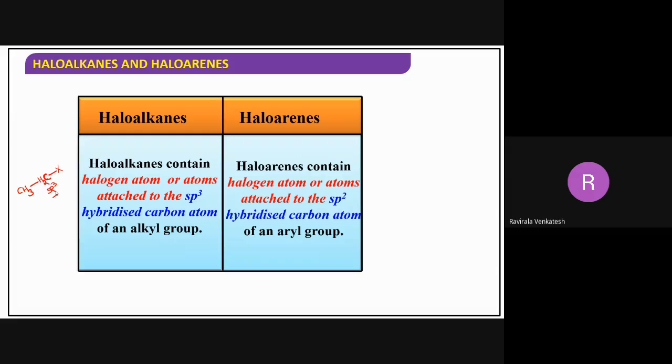Now, whenever halogen is bonded to an sp3 carbon, they come under haloalkanes. Understood? Very simple to understand. Whenever the halogen is bonded to an sp3 carbon, those compounds are called haloalkanes or alkyl halides.